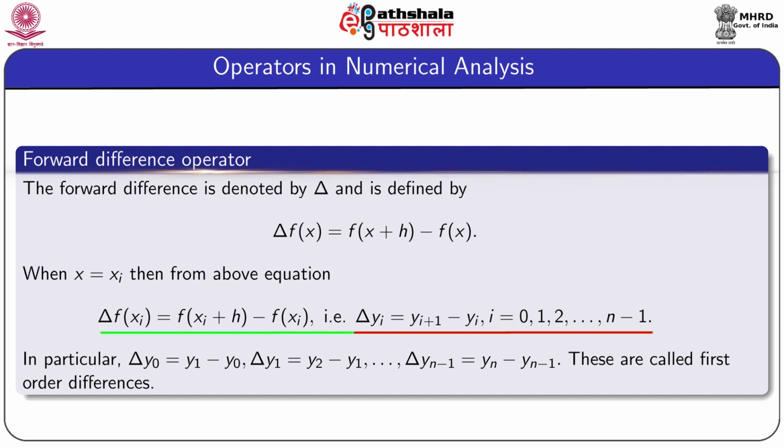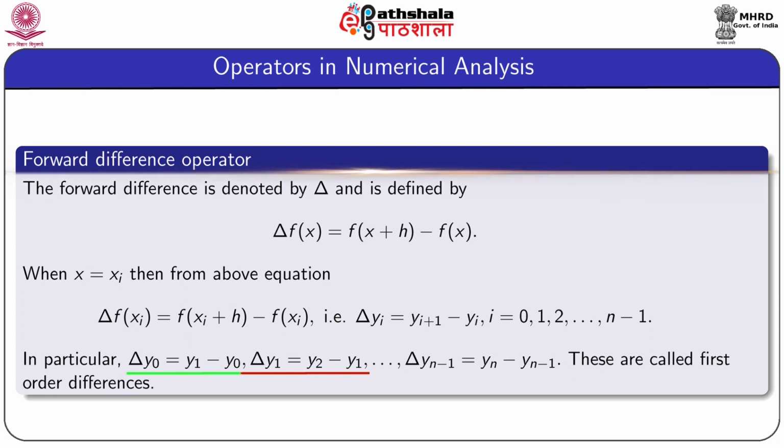In terms of ordinates this becomes delta y i equal to y i plus 1 minus y i, and this is true for all i equal to 0 to n minus 1, that is, for n values. In particular, delta y 0 equal to y 1 minus y 0, delta y 1 equal to y 2 minus y 1, and so on. These are called the first order differences.